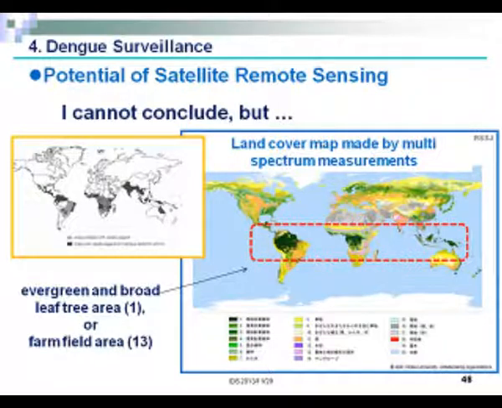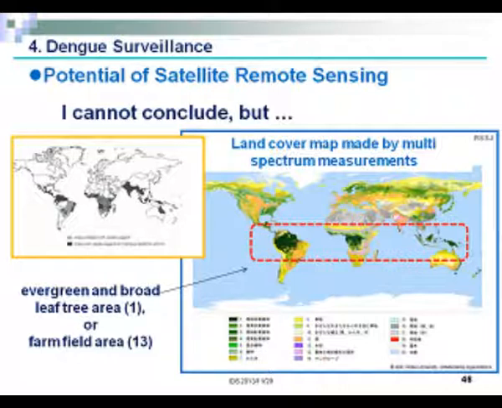This is a dengue fever area, maybe, and this one is a dengue fever area, and this one is a product of ground cover from satellite remote sensing.